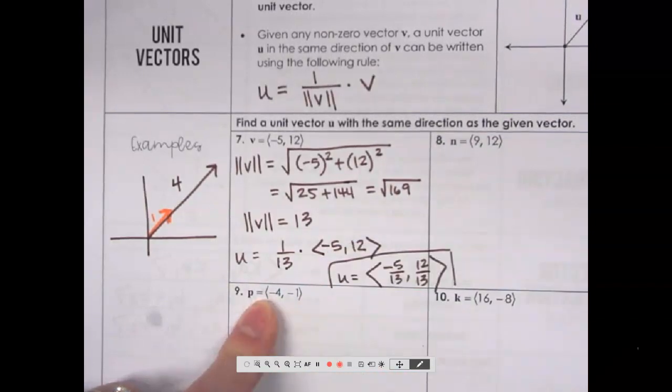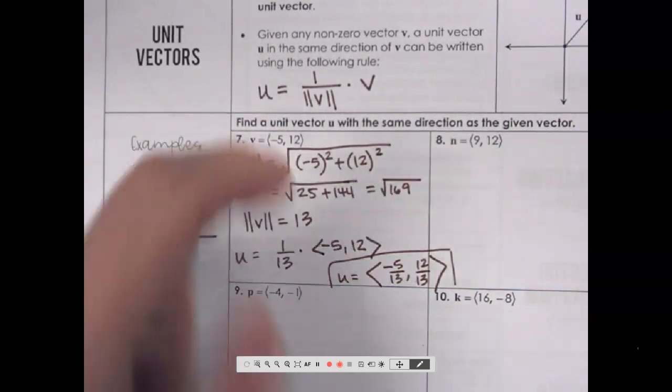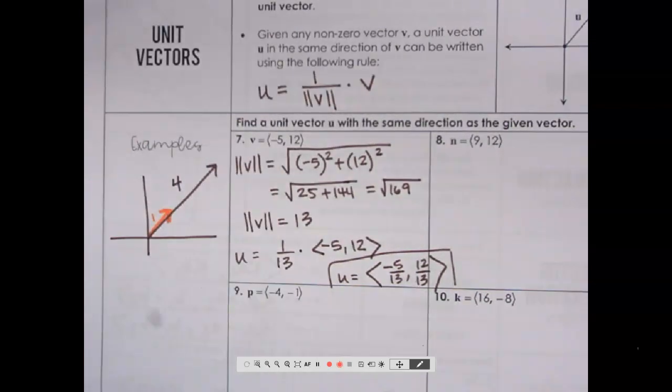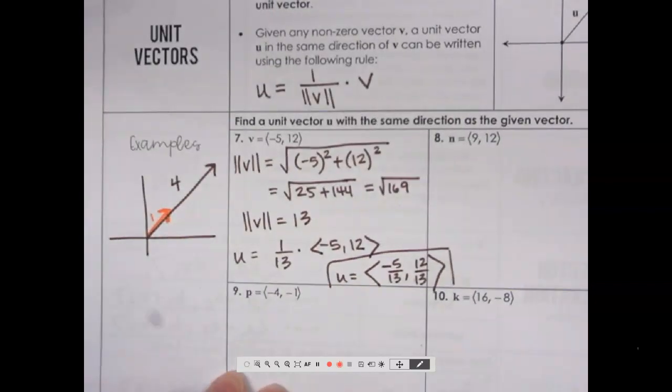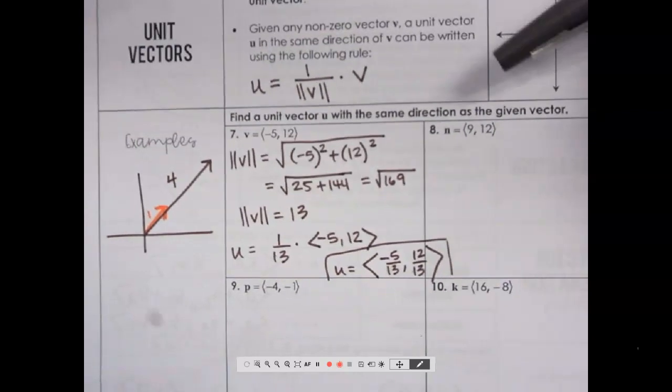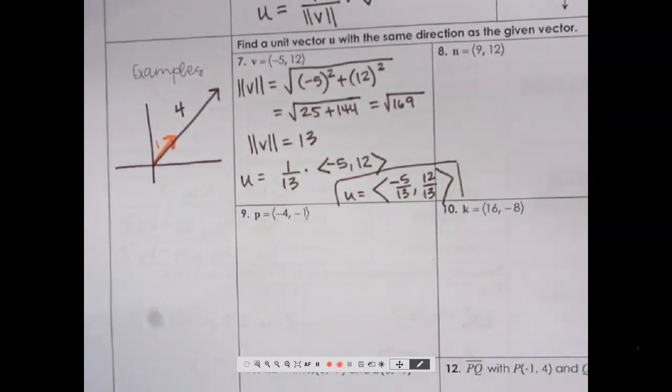And that would be the unit vector, same direction as that original vector, but 1/13 the length, so that the length of it is 1. The next one we're going to do actually is not 8. We're going to jump down to 9 and make that one our last one, because this one doesn't have a perfect square.